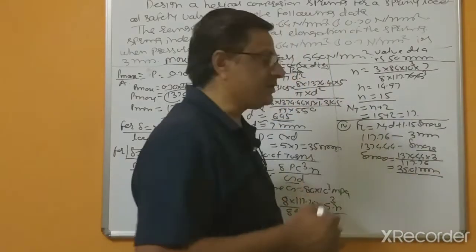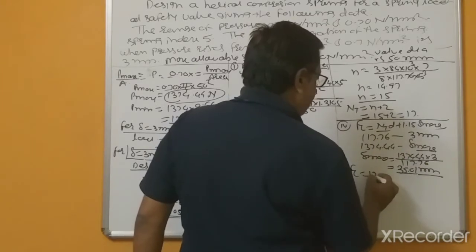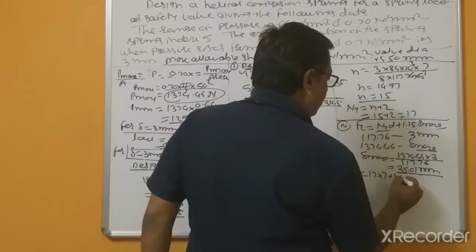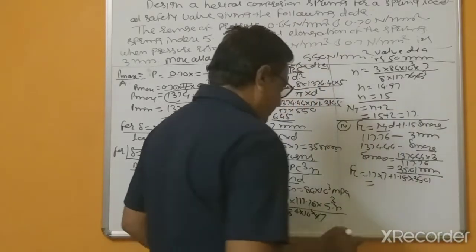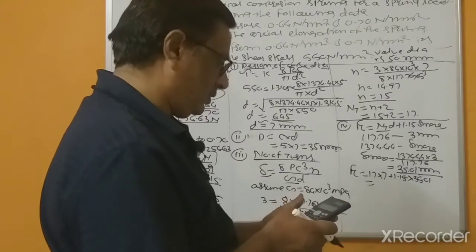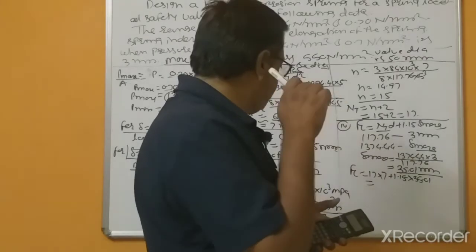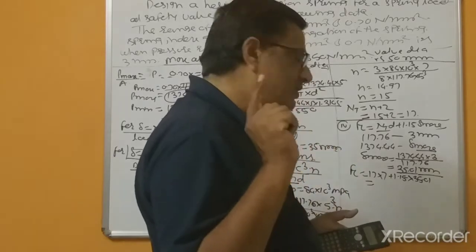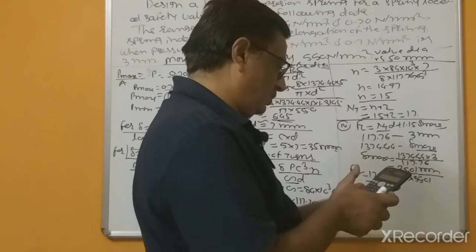mm maximum deflection. So the free length equal to 17 into d, where d equal to 7, plus 1.15 into 35.01, that is 42.266. 17 into 7 means 119, plus 42.266.